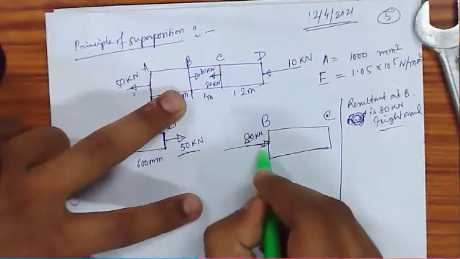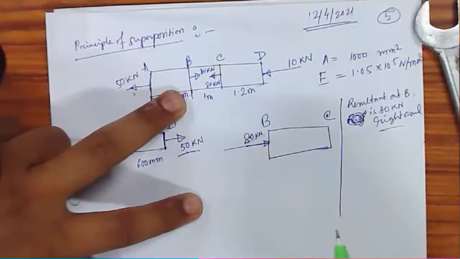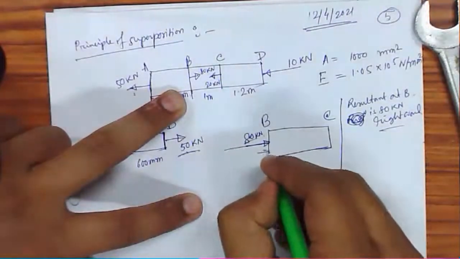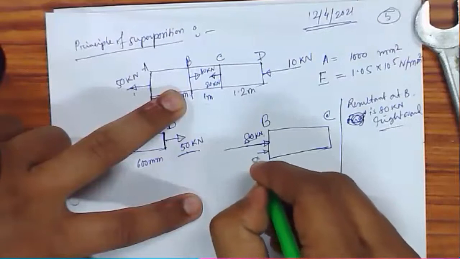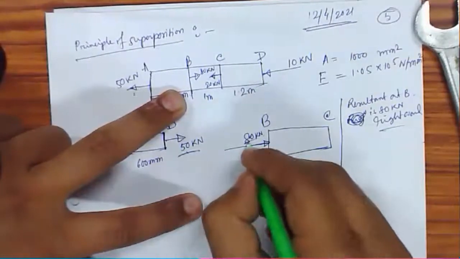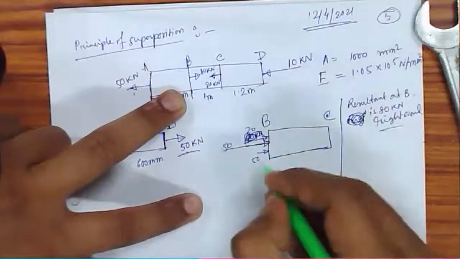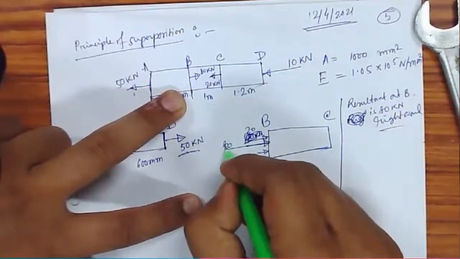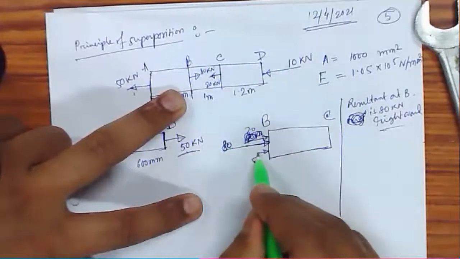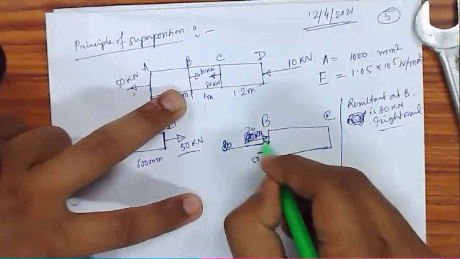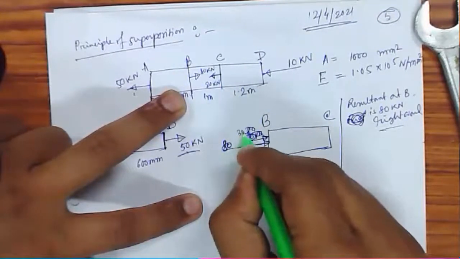So this is the resultant force 80. One is consumed by 50, so the other one should be 30. Total was 80, one is 50, then the other one should be 30.